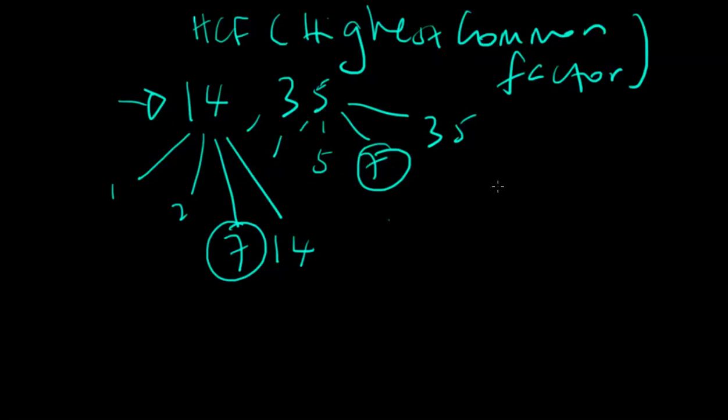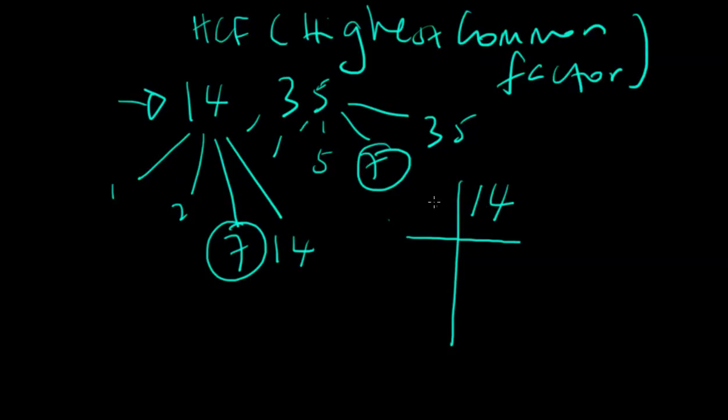Well, there's actually a simpler way to do this. That is to first express each of these numbers in its prime factor form. Right, so first we express 14 in prime factors form. The way to do this is to draw a simple table like this, and divide 14 by the smallest prime factor that you can think of.